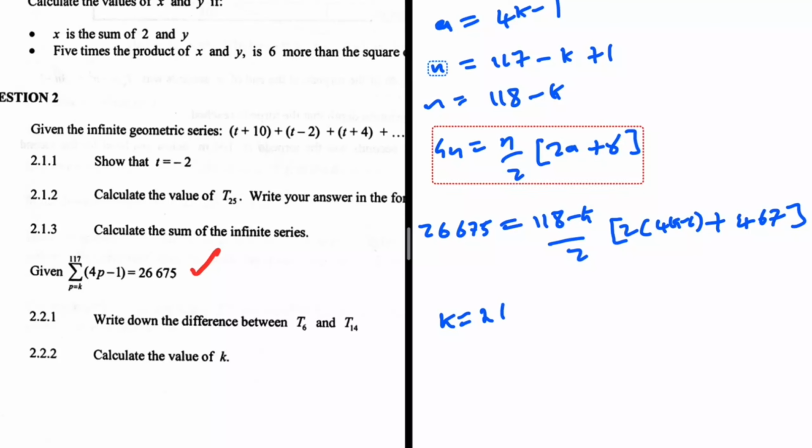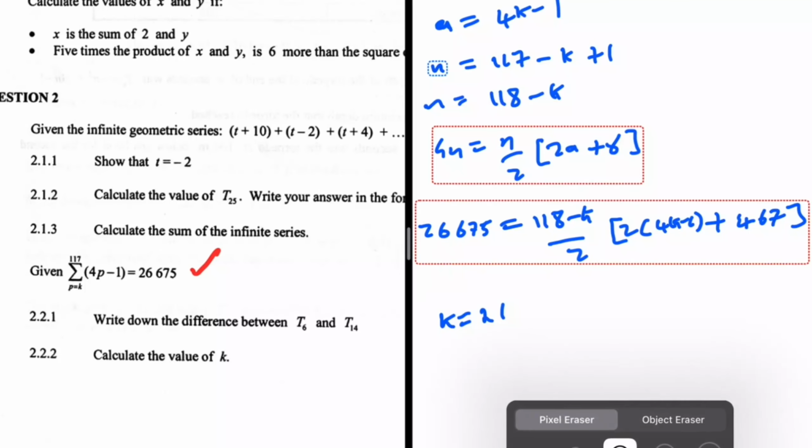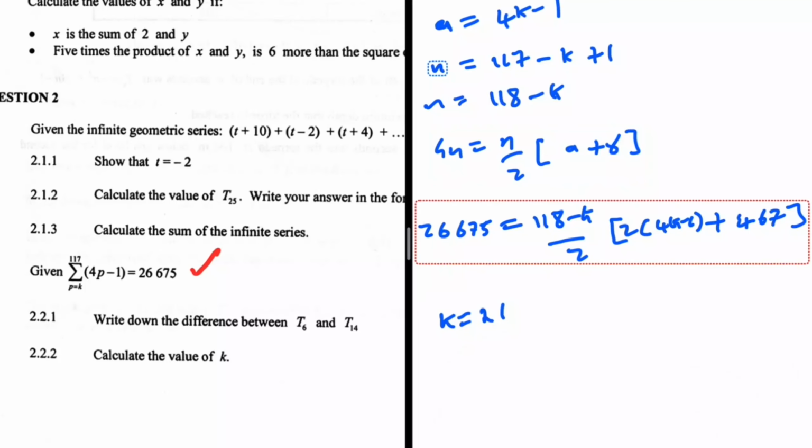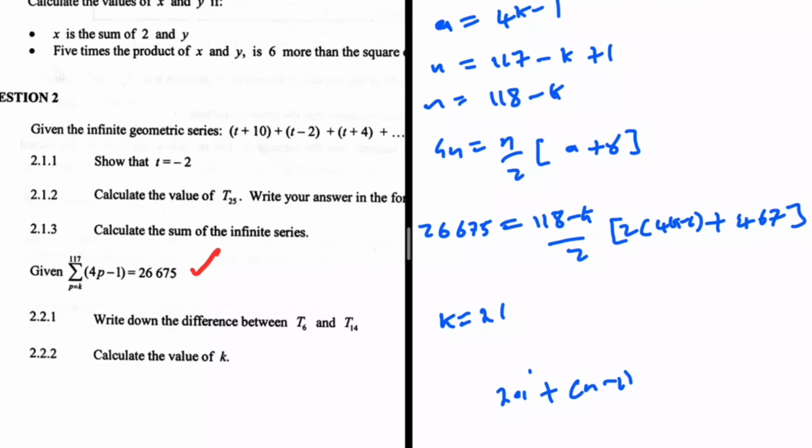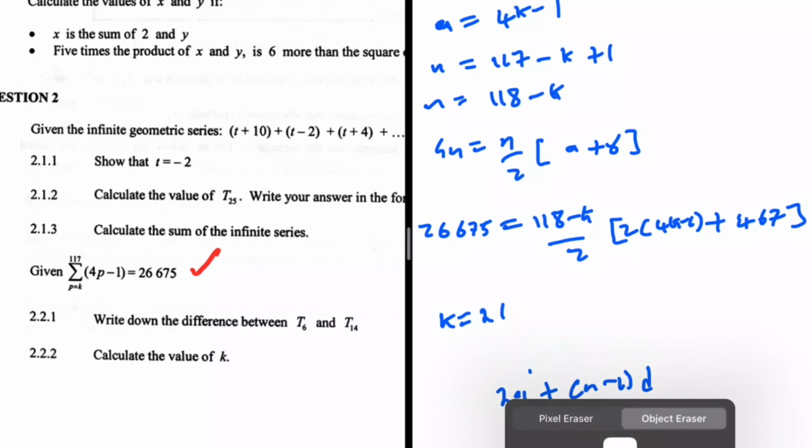I think I'm making a mistake with the formula here. Is it supposed to be 2a plus L, or is it supposed to be a plus L? I think it's actually supposed to be a plus L when we use L, right? Because let's think about it. We have 2a plus (n minus 1) multiplied by d.